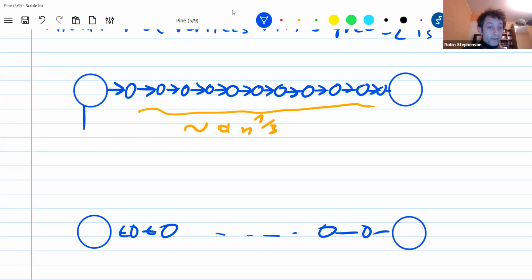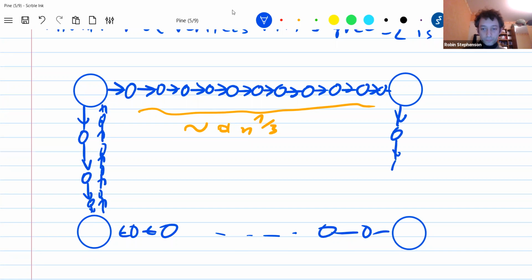However, those chains don't have to be unique at all. And we might have something like this going on. So on this vertical path, we can go both ways, but maybe on that vertical path, we can only go down.